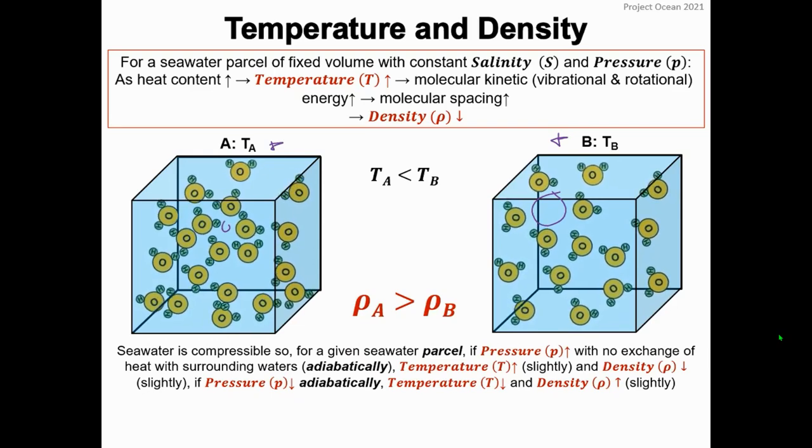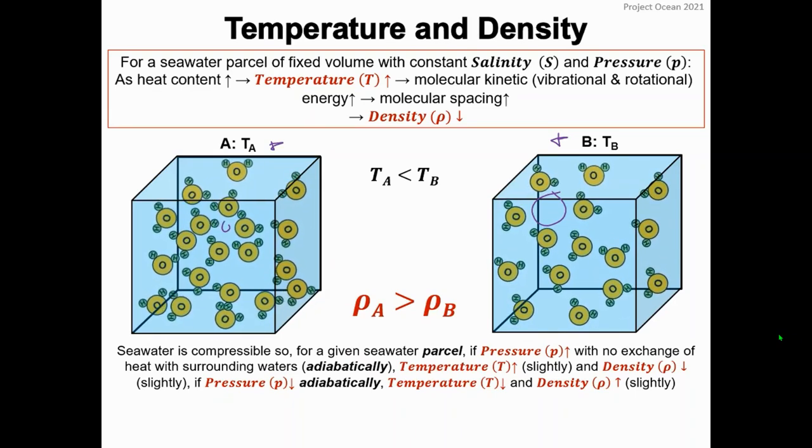So you can see that that change in density due to the change in temperature with pressure is acting contrary to the change in density due to pressure alone. So that means when we try to compare water masses, we need to correct for this compressibility effect on temperature.